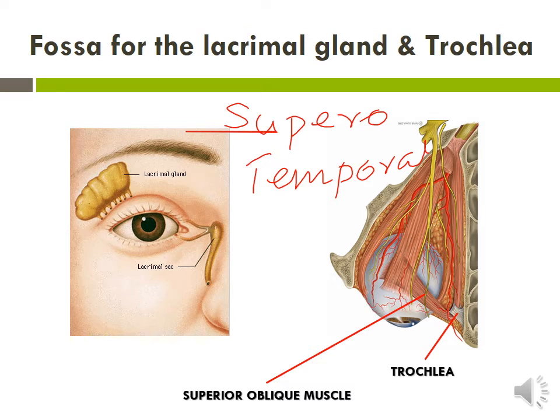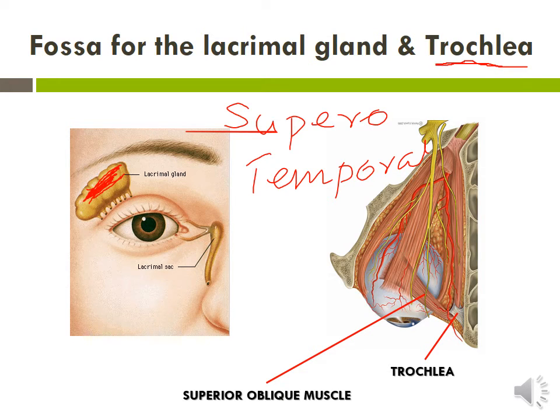So this is the superior temporal portion of the orbit. That is the position where the lacrimal gland is situated. Also we can say that it is at the temporal portion of the roof of the orbit that the lacrimal gland is located.